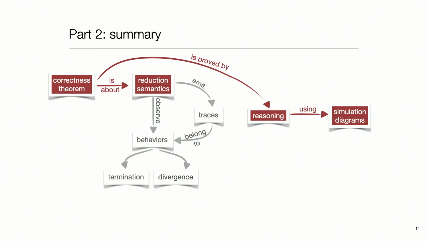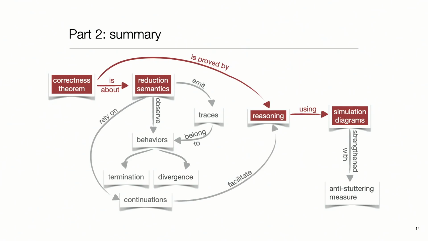Moreover, the trace of external events is also part of the behavior. To use simulation diagrams, we had to strengthen them with an anti-stuttering measure. And lastly, we had to design original semantics with continuations in order to facilitate the reasoning.